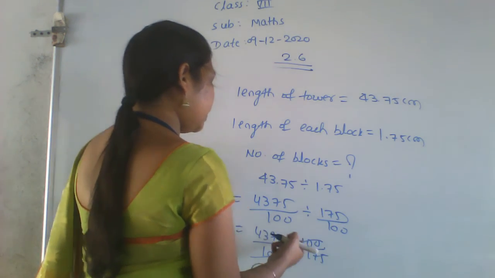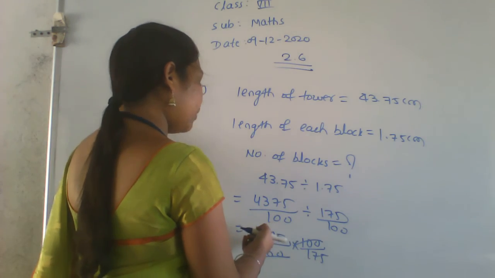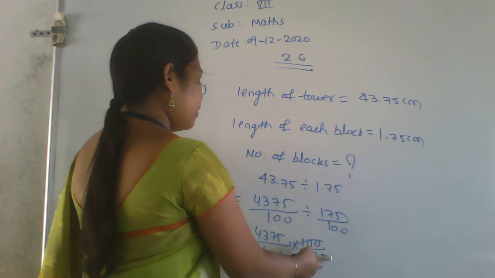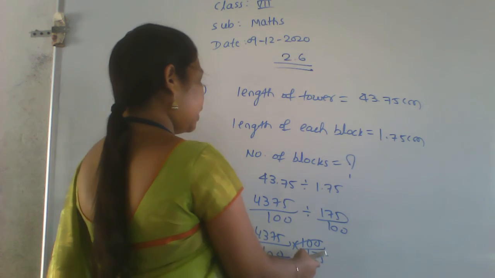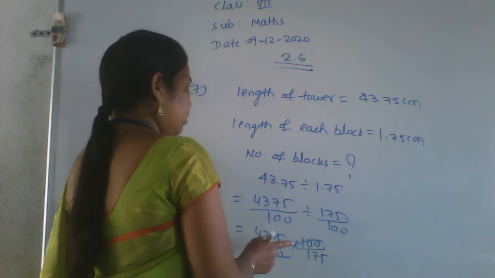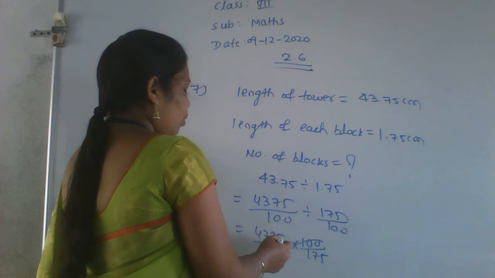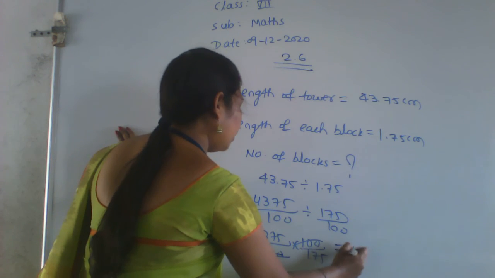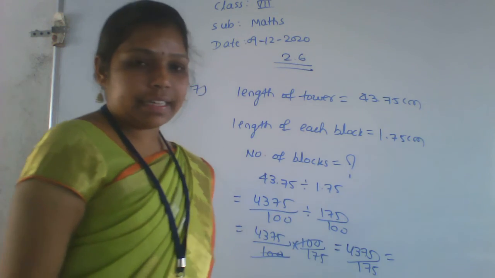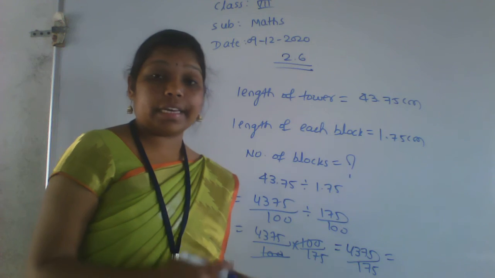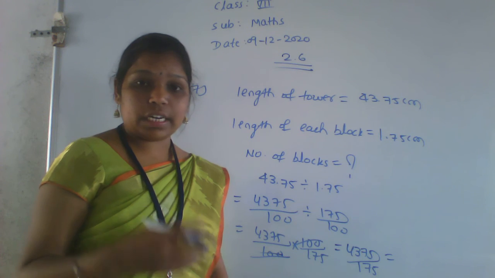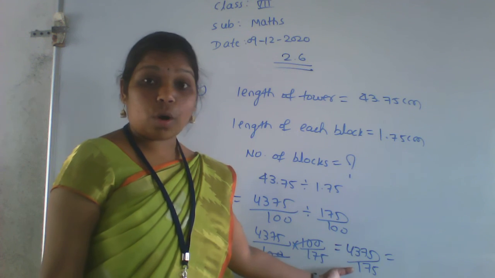So do the division, 4375 divided by 175, and write the answer. That is the number of blocks he used to build that tower. Do the division yourself. You know how to do the division here.